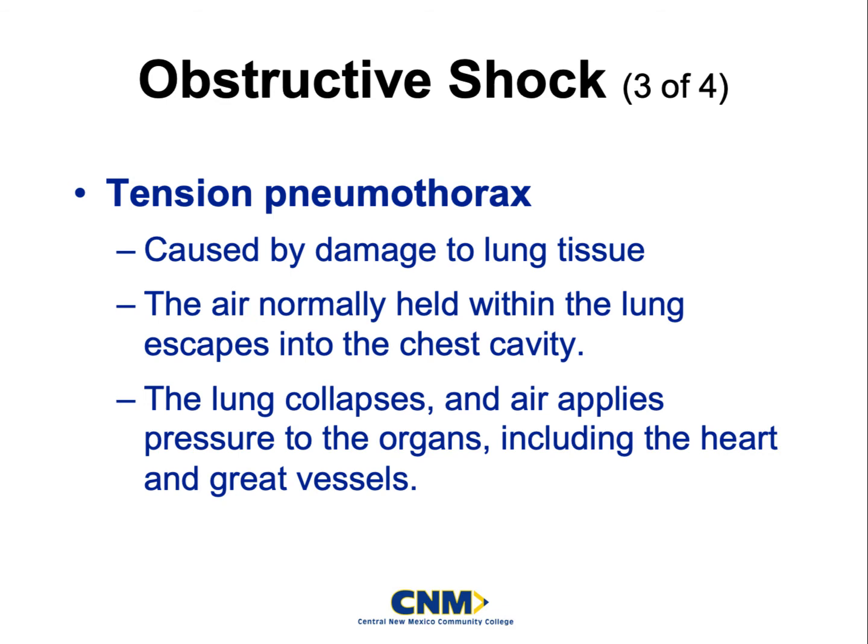So let's say I get shot in my right chest, and the bullet doesn't go through. We're going to talk about bullets going through and staying in the body in trauma. But I have a bullet that goes to my right lung, obviously popping a hole in it. I'm still breathing accordingly. But because I'm breathing, the air may not be able to escape my chest.